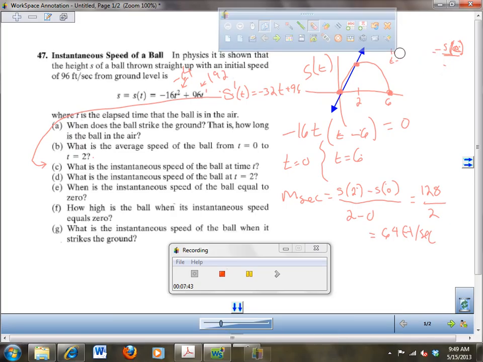Anyway, it gets pretty complicated, and there's a thing in the book where they actually do it. We could do it, but we're not going to do it. So we're going to do the shortcut.